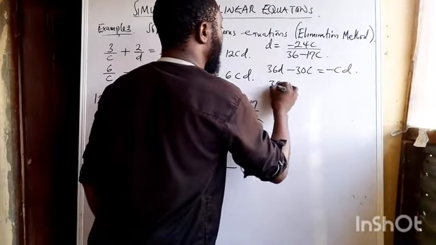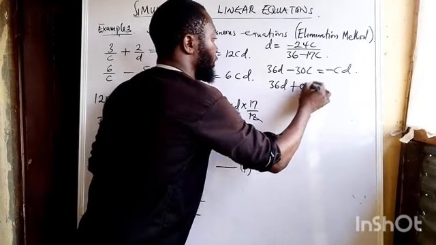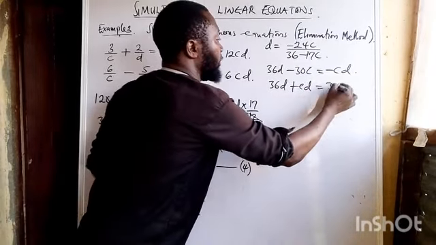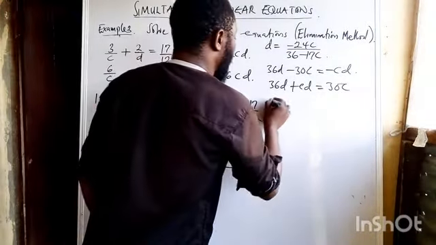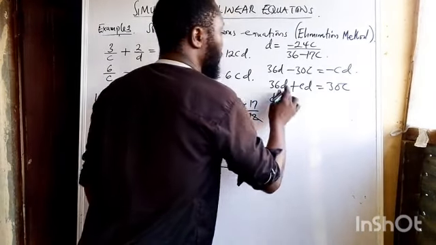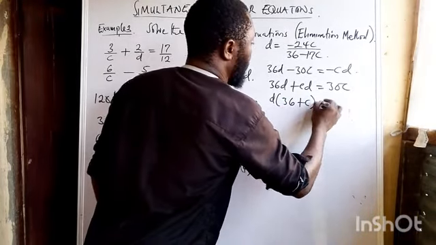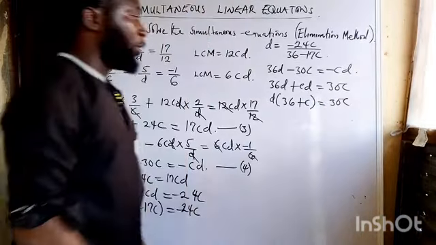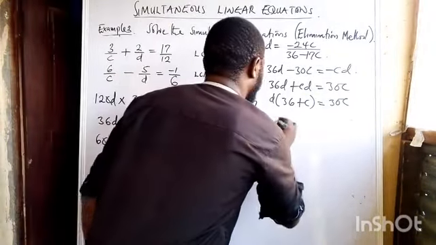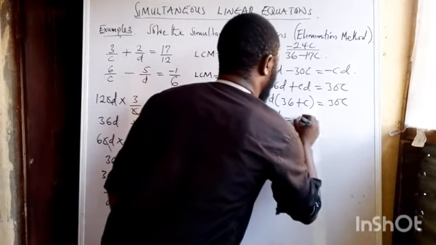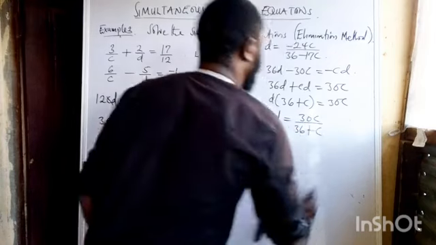So we have 36D, bring this in, you have plus CD, take this out, you have 30C. Now we can factorize out our letter D. D is common, take it out, so you have 36 plus C equals 30C. Now to make this subject, divide both sides by this 36 plus C. So this is gone, so you have D equals 30C divided by 36 plus C.